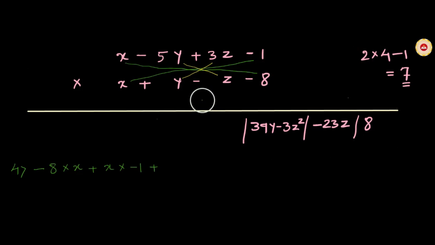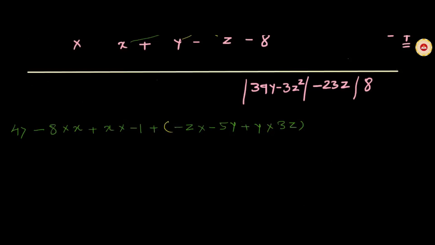Multiplying the terms in these two inner columns crosswise. Minus z, not z only, minus z. We have to consider sign, coefficient and variable as a single digit. So minus z multiplied by minus 5y, plus y multiplied by 3z. Yes, let us solve it further.